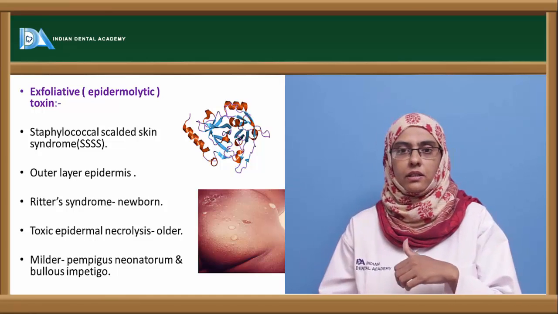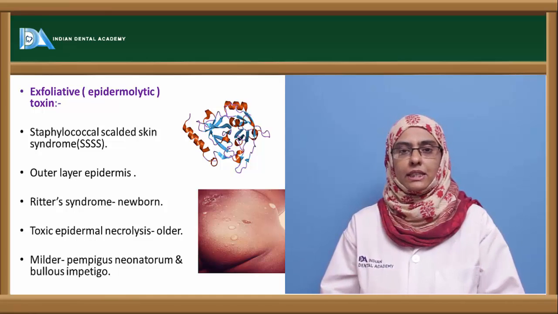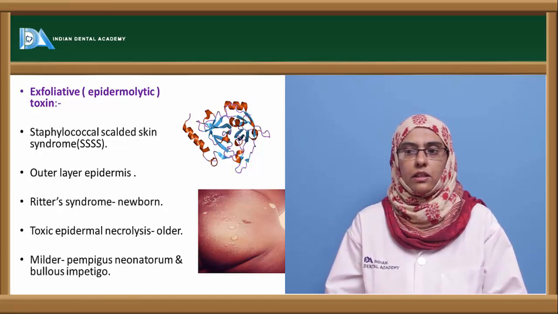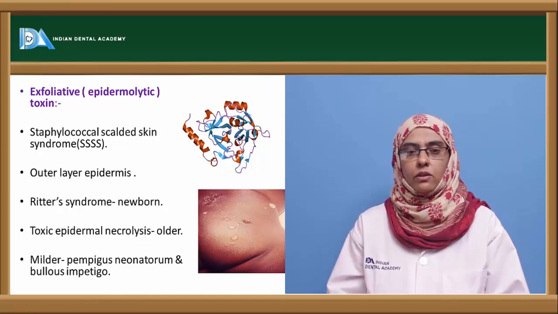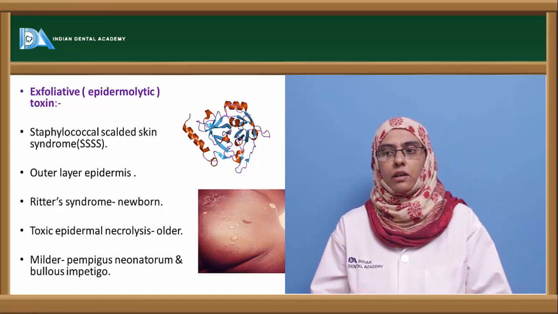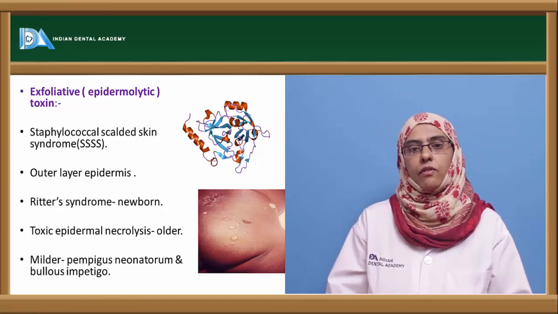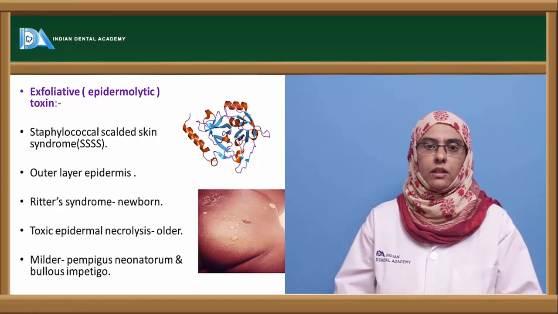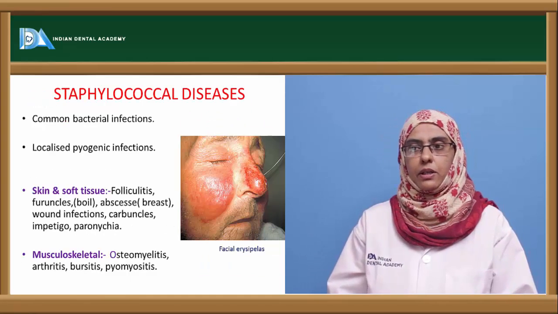The infant shows this kind of symptom. It is called Ritter's syndrome when seen in the newborn, and in older patients it is called toxic epidermal necrolysis, and the milder form of it is called pemphigus neonatorum or bullous impetigo.